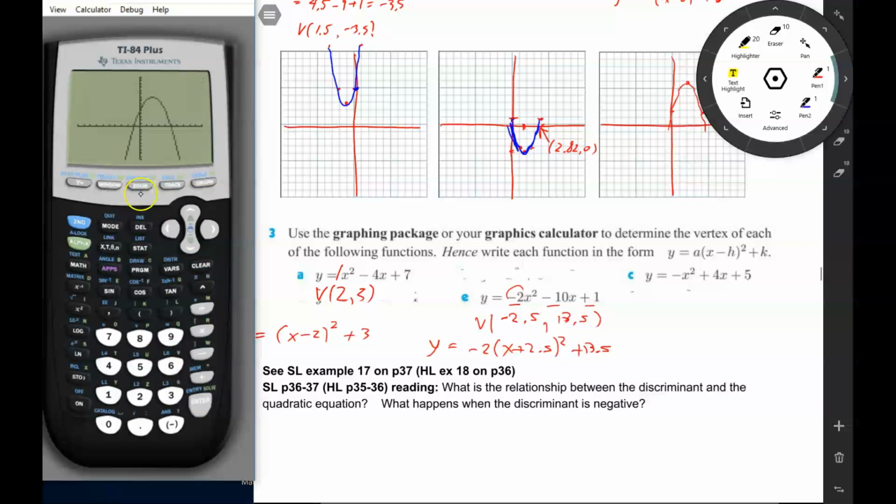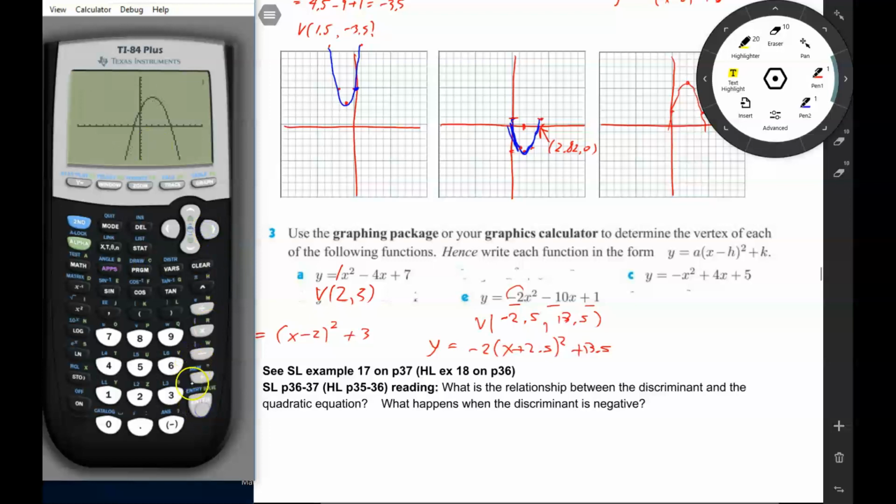So I'm going to do second calc max, which is number 4. Left bound there is fine. I hit enter, and then I use the cursor. Move the cursor a little bit to the right, so that's the right of the vertex. Enter.